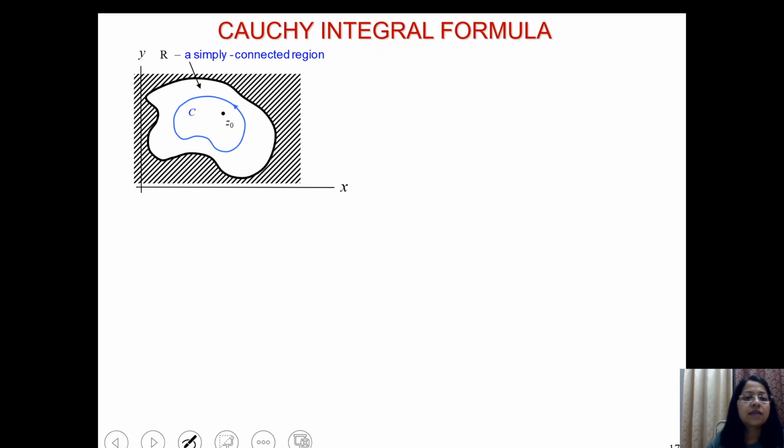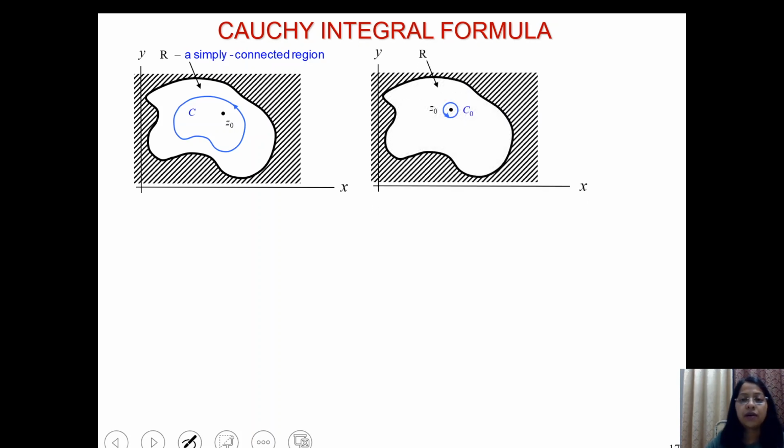Suppose we have a simply connected region and one closed curve is taken as C, and inside this curve a point z0 is taken, right? This z0 is further encircled with a circle C0. You can see here the point is being encircled, right?